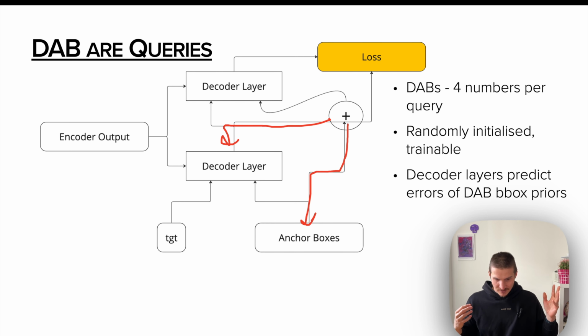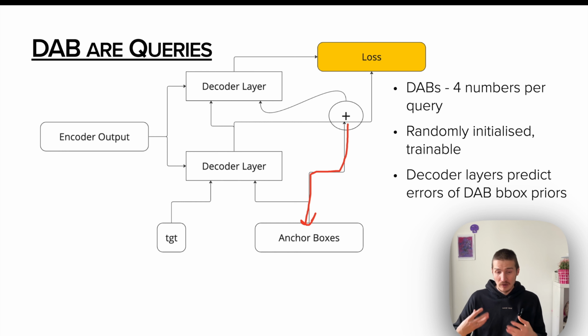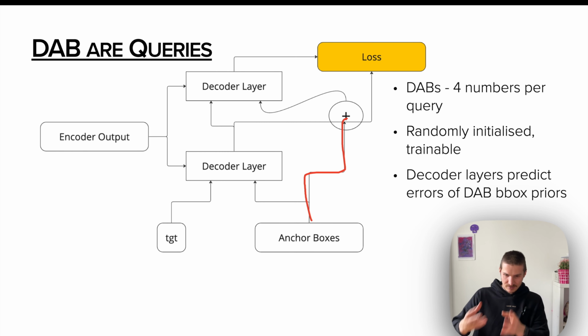This means that the 4 numbers that we just randomly initialized, after some training, will actually correspond to real coordinates and height and width of bounding boxes for the objects that matched well with this query at least. So thanks to this residual connection, we make sure that these 4 random numbers are not just random, and we train them to actually represent coordinates and scale and shape of the object.